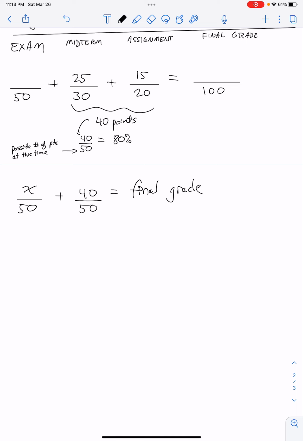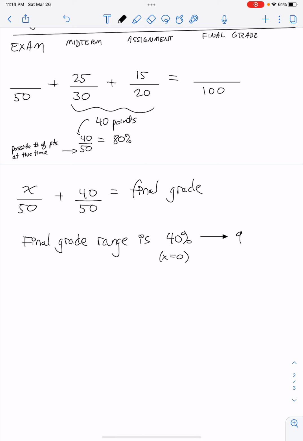And so your range here, like your final grade range, is between 40%, and that's where X is equal to 0. You didn't go to the exam.